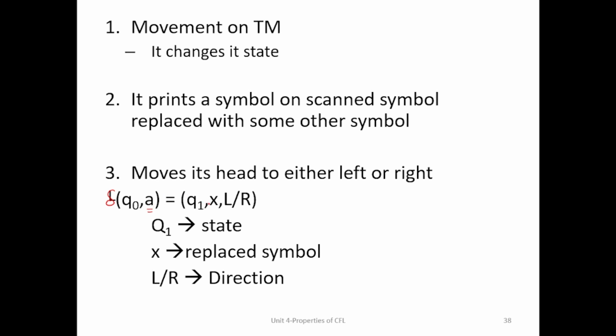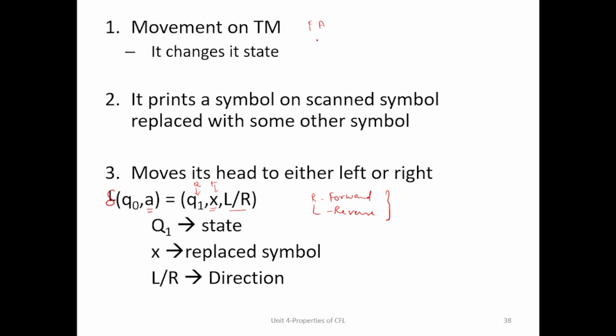Then instead of A, I can replace the tape symbol with X. So the second parameter is the tape symbol, the first parameter is the state, and this is the direction. Only two directions are there: either we can move left or right. Right is the forward direction, left is the reverse direction. So this is a generalized form.